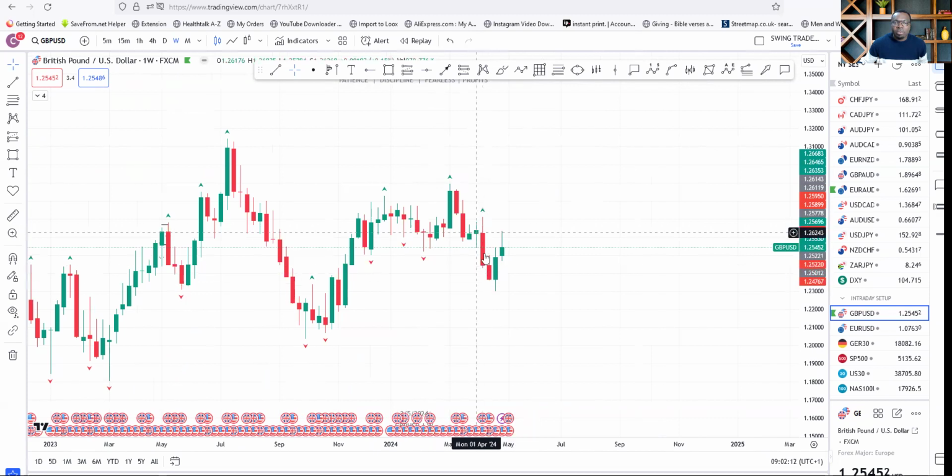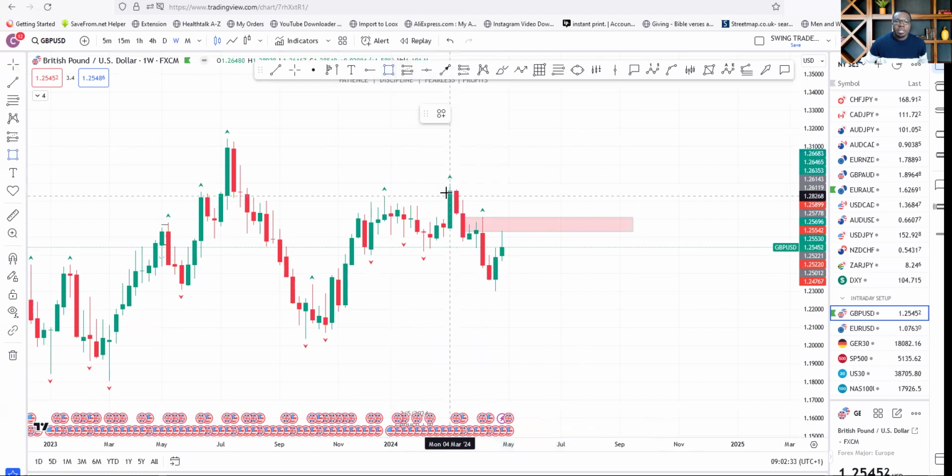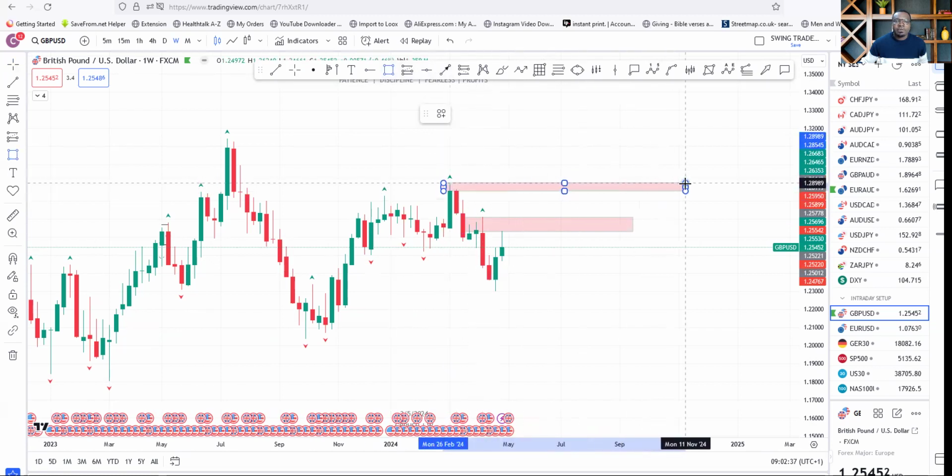When this low went down, we have price pushing up and down, and we have this area of price action. So first thing I can see is that there is a resistance here at this level. Cool. We can see resistance here, and also another resistance level on the weekly level here.